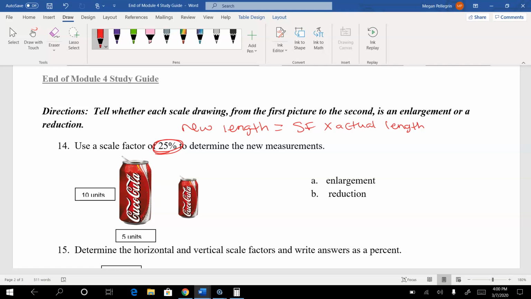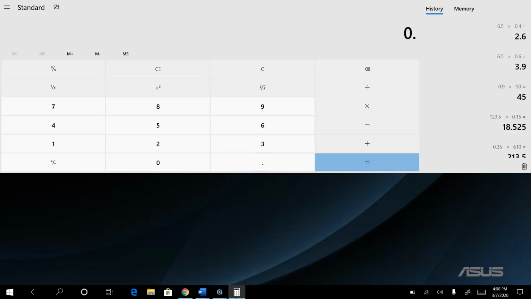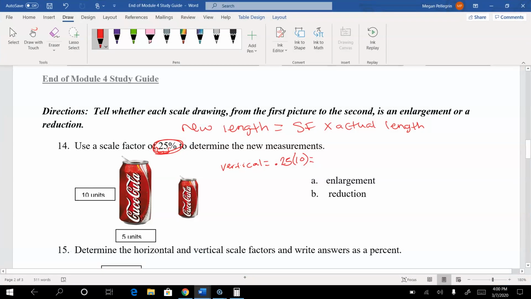So 10 units is the vertical measurement. So we're going to do 0.25, move that decimal 2 places to the left. So 0.25 times 10 to get that vertical measurement. So 0.25 times 10 is 2.5. So the vertical measurement is going to be 2.5.